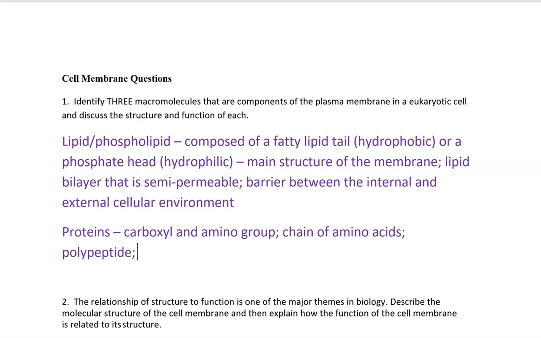Absolutely. What else is structurally significant about them? Yep, the R group determines the function of the protein.